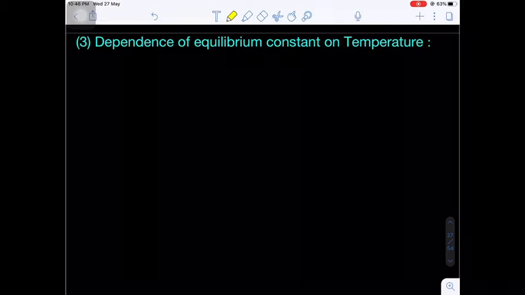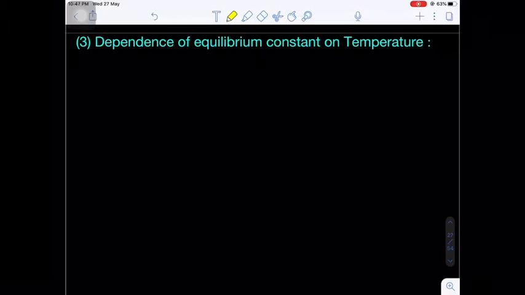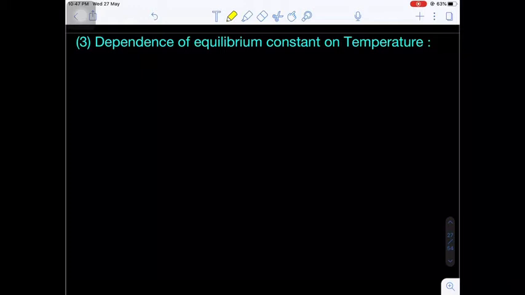Next, if a reaction occurs in more than one step, with individual equilibrium constants K1, K2, K3 and so on, and we add all these steps to get the net reaction, then the overall equilibrium constant will be the product of the individual step equilibrium constants.